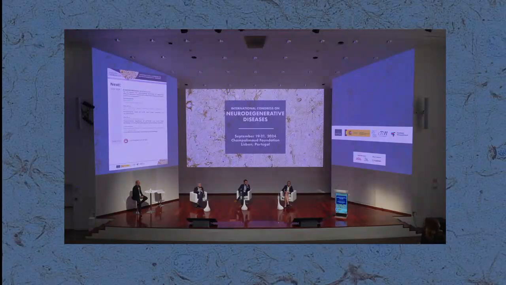Hello. Thank you all for your presentations. I'd like to ask a question to Professor David as well. It seems to me that LATE and primary age-related tauopathy share a lot of clinical and imaging similarities.